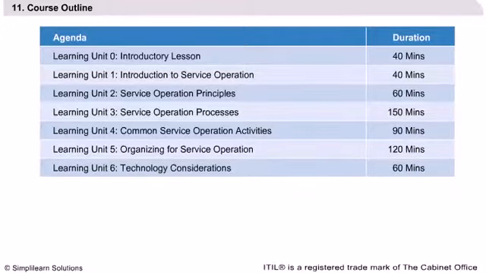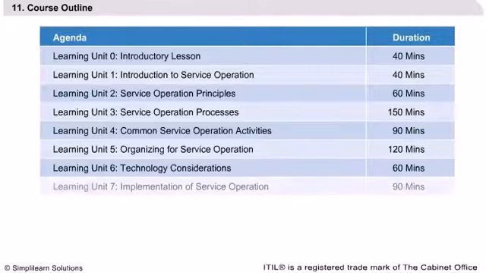Learning Unit 6 is about technology considerations. This unit discusses the generic requirements of technologies that support service management across all lifecycle stages and the specific technology required to support the service operation processes and functions. Learning Unit 7 is about implementation considerations.